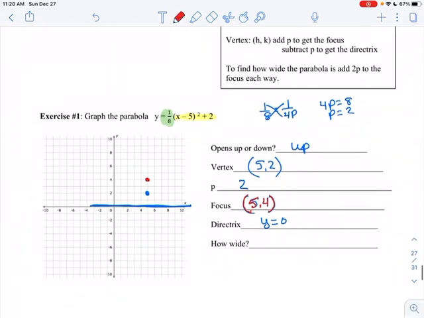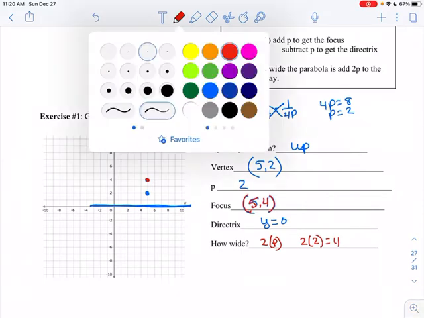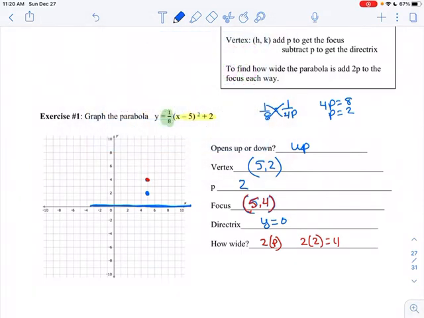I add 2p to find out how wide it is each way. So I'm going to add 2 times p, 2 times 2, which is 4. So basically, I'm going to go 4 here, 1, 2, 3, 4, and I'm going to go 4 there, 1, 2, 3, 4. And this is my parabola.